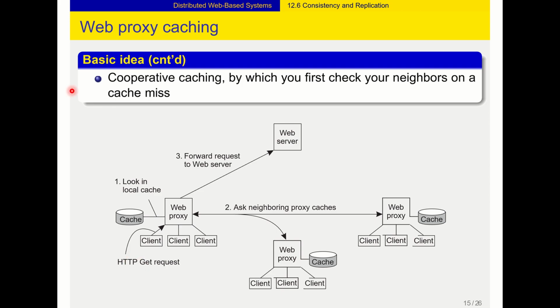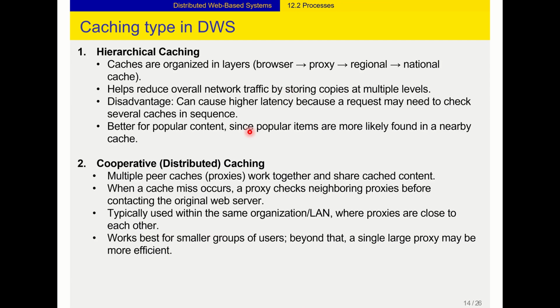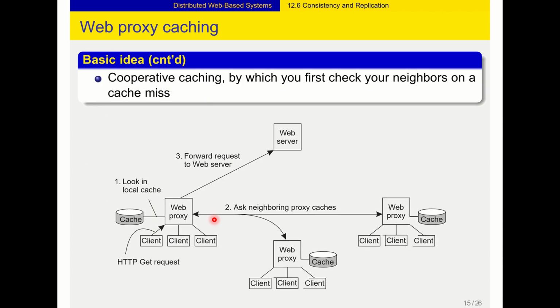Now let us look at the details of cooperative caching. In cooperative caching, you first check your neighbors on a cache miss. As I said, this is usually used for enterprise networks. When you get an HTTP request from a client, you first check your own local cache.